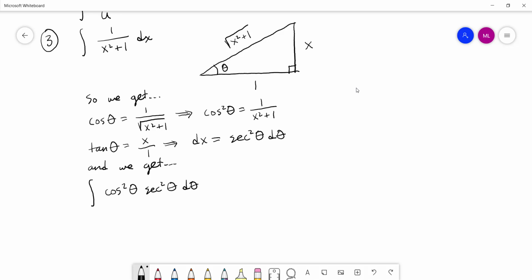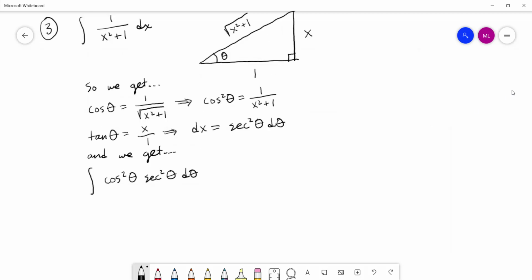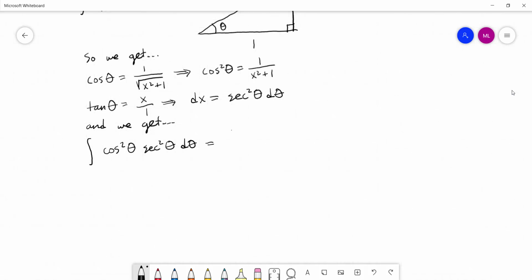And that may look scary at first glance, but hopefully you recognize very quickly that let's just rewrite secant in terms of cosine and see what cancellation we can get. So I've got cosine squared of theta. Secant is 1 over cosine, so I also have 1 over cosine squared of theta, and I'm multiplying them together times d theta. They are going to cancel, and I just have the integral of d theta, which is equal to theta.